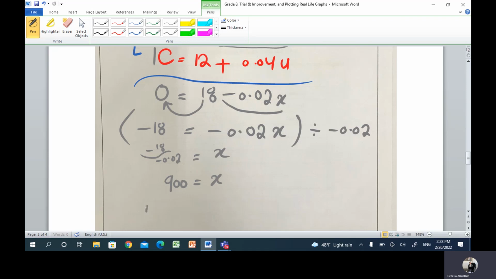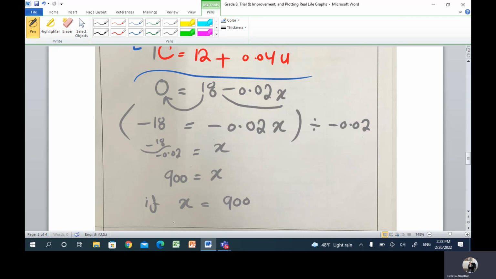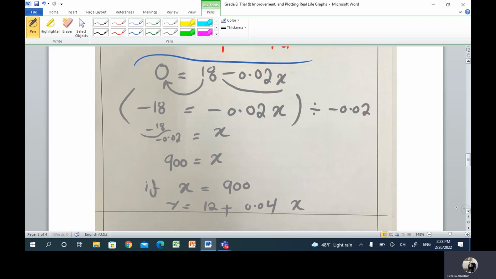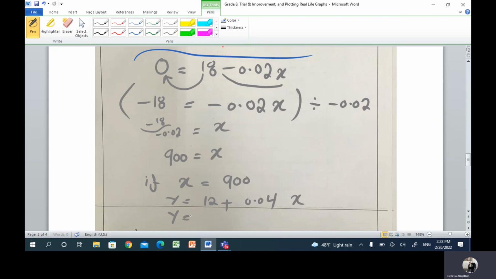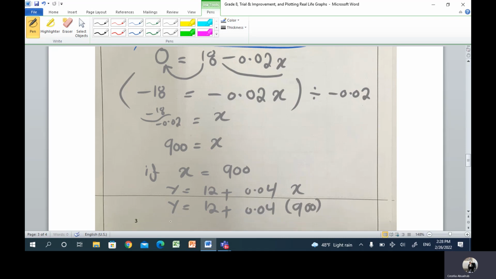So if x is equal to 900, let's choose this equation: y is equal to 12 plus 0.04x. Substituting x, y is equal to 12 plus 0.04 times 900, and accordingly you're going to find y as $48.